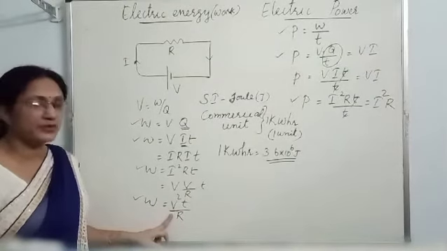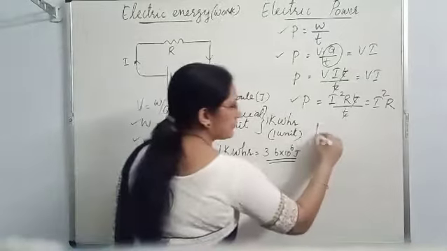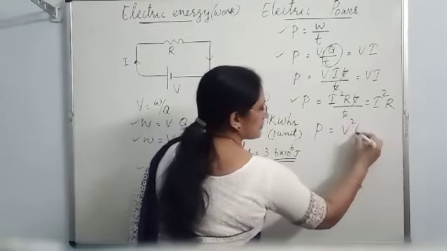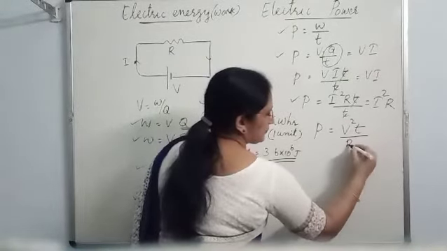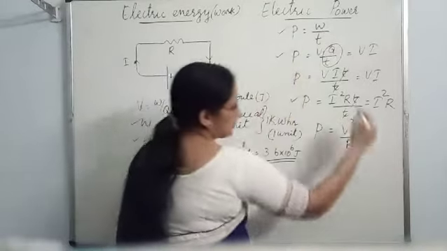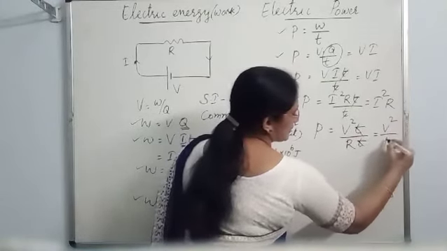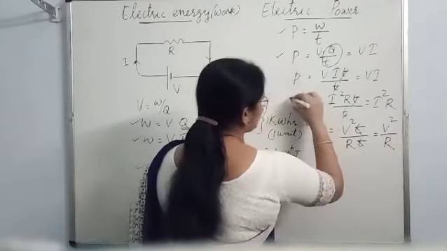In the place of W you can substitute V square T by R. Then power will be V square T by R upon T. You will get another equation, V square by R.